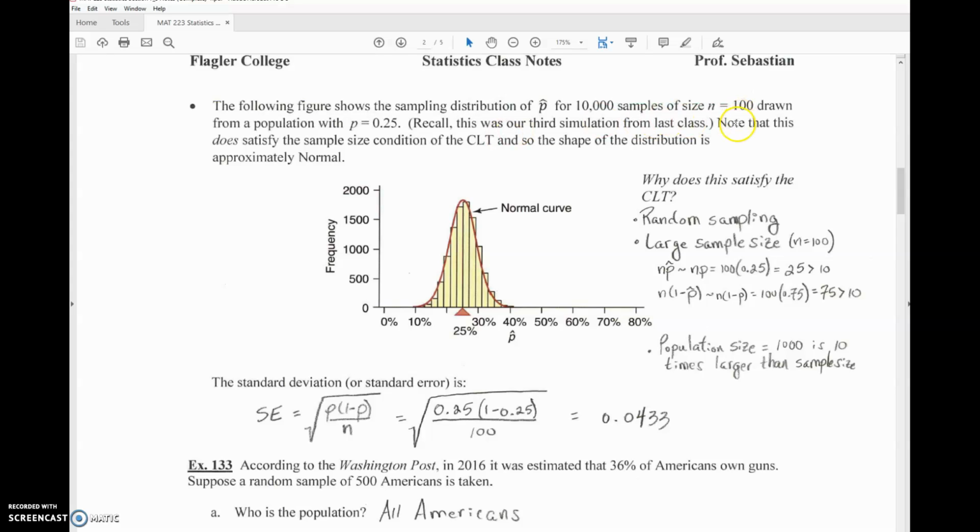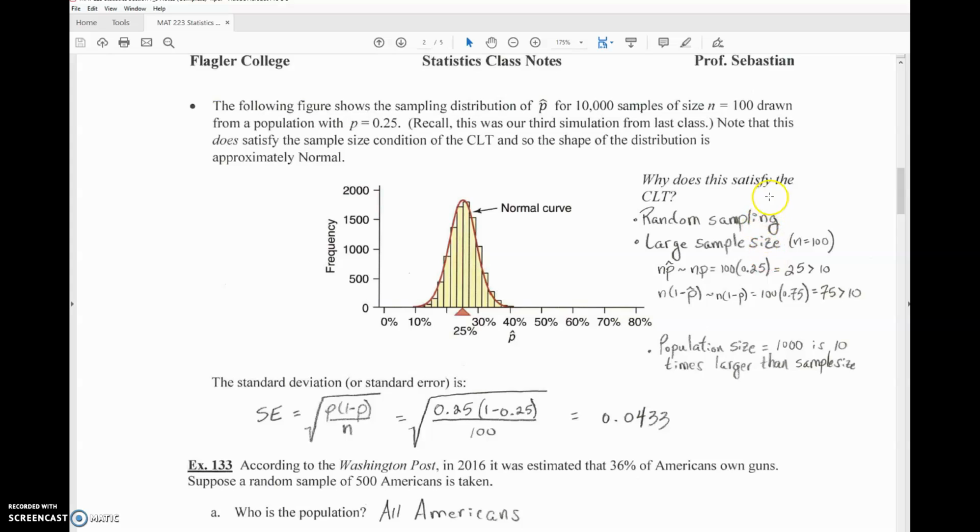Then I took 10,000 samples of size 100 and I plotted all my p hats, and I got a nice, beautiful, symmetric unimodal distribution, with the mean being the true population proportion p of 0.25 or 25%, and the standard error being this guy right down here, the square root of p times 1 minus p divided by n, which is the square root of 0.25 times 1 minus 0.25 divided by 100. Sample size was 100, which came out to be 0.0433.